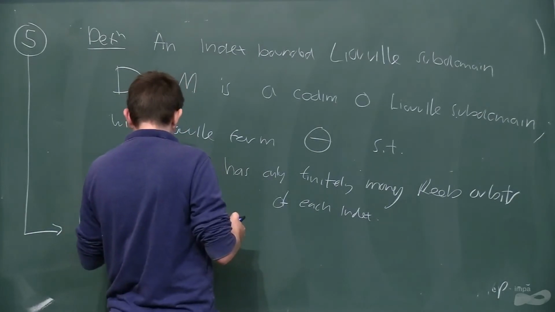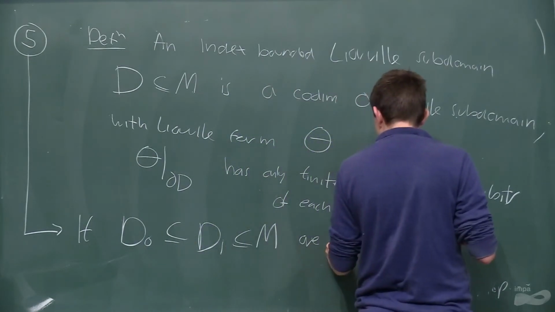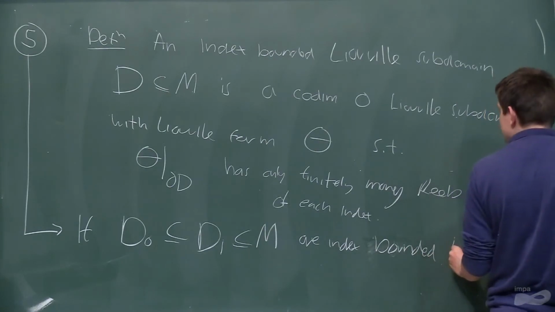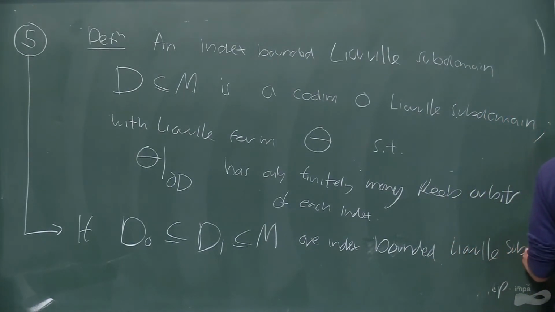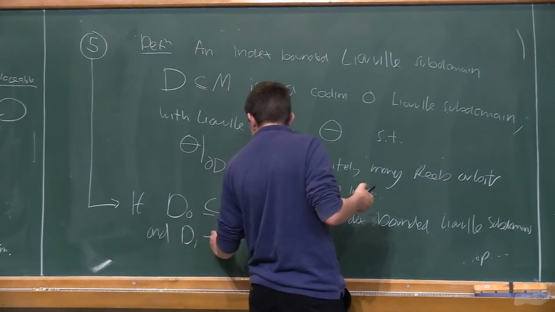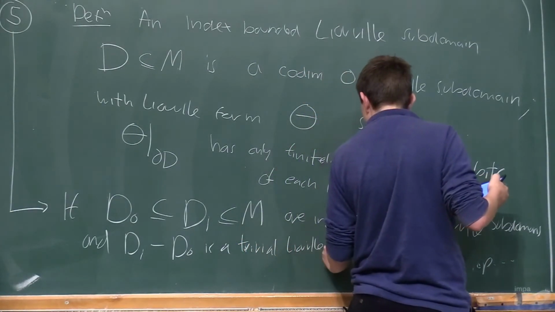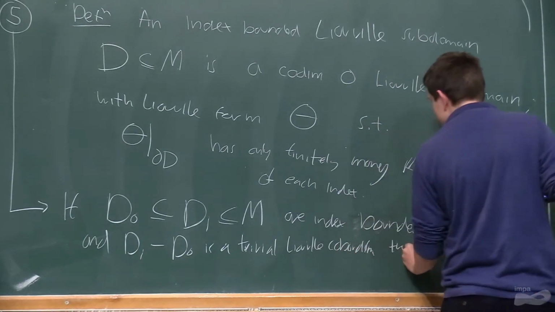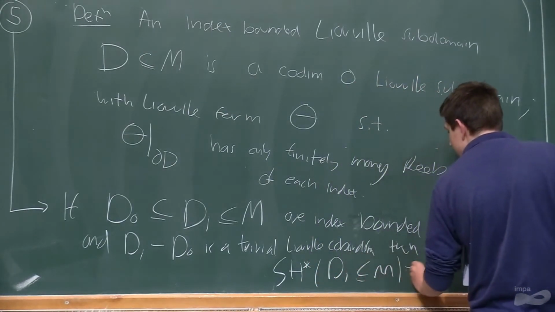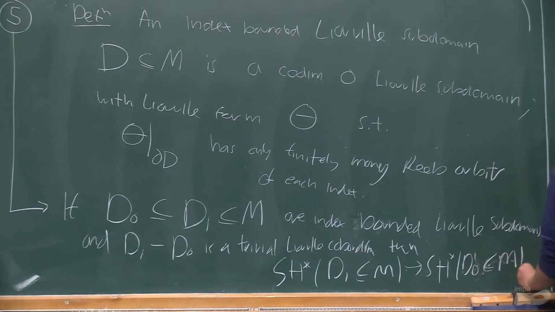If D0 is contained in D1, is contained in M, are index bounded Liouville subdomains and D1 minus D0 is a trivial Liouville cobordism, then the transfer map SH star of D1 inside M to SH star of D0 inside M is an isomorphism.